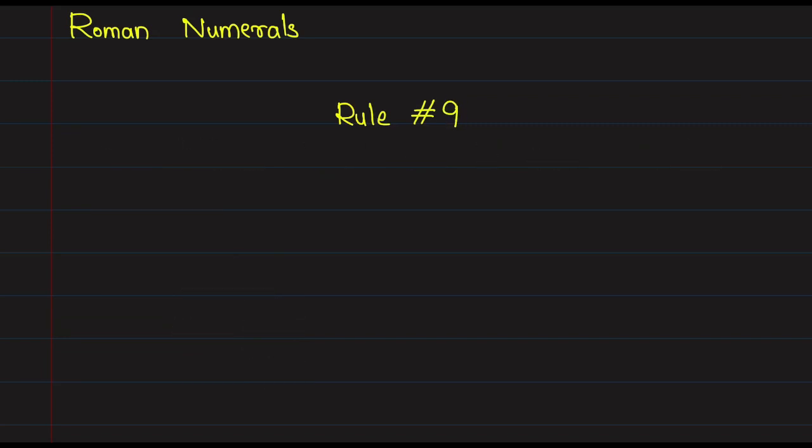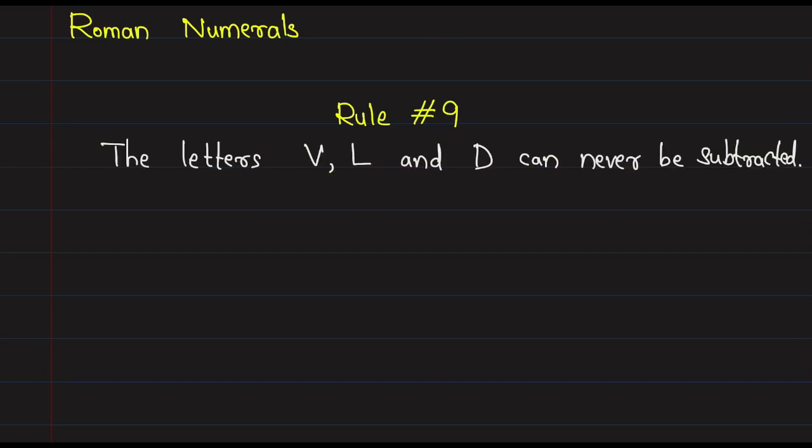Rule number 9. The letters V, L and D can never be subtracted. For example, we want to write 5. We cannot write VX just because 10 minus 5 is 5, because V cannot be subtracted from any other letter. This is wrong. Suppose we want to write 450.